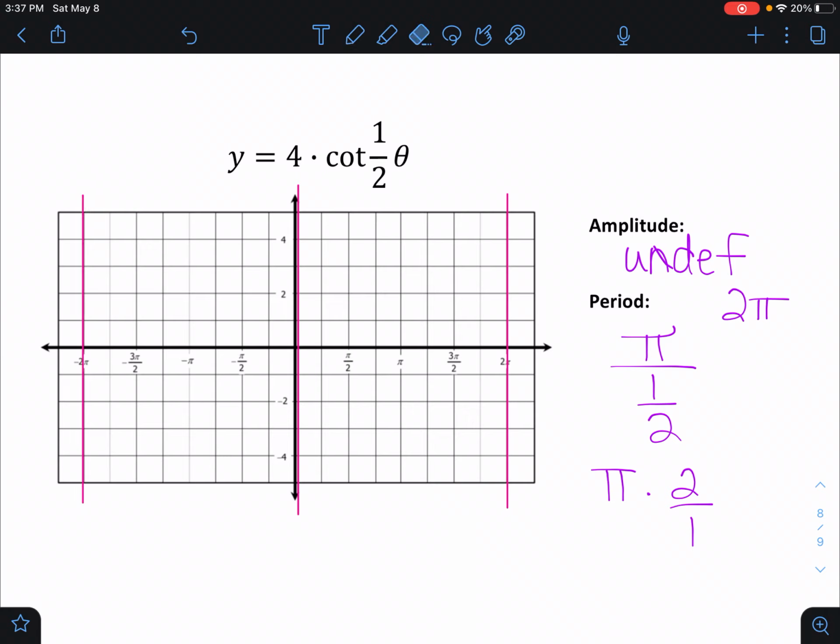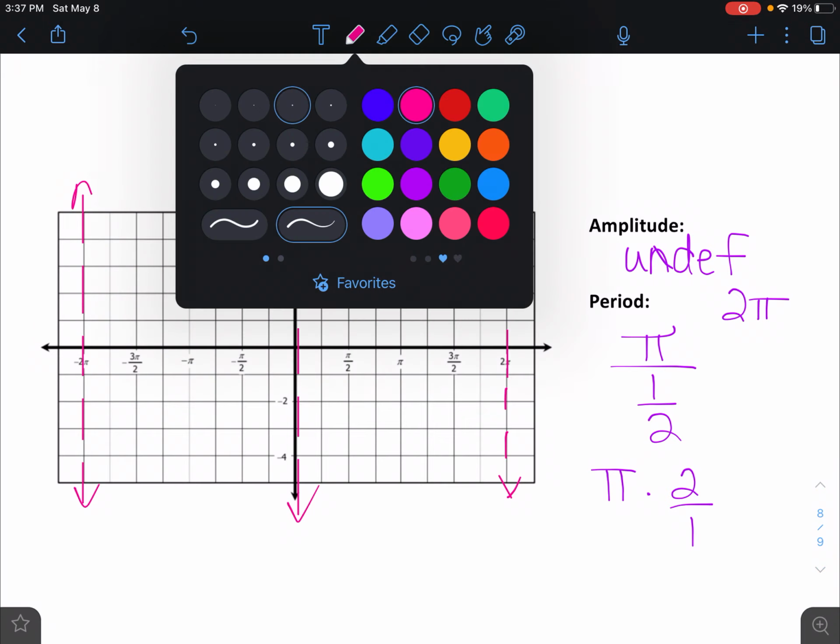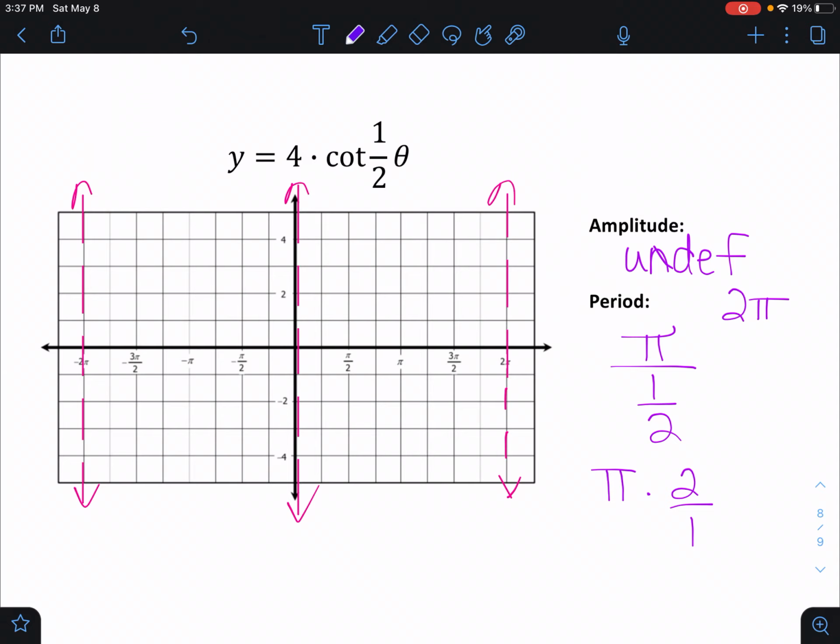Okay, and there we go. Now in between here, I should be at 0. So halfway in between these asymptotes, I'm at 0. That would be at pi.